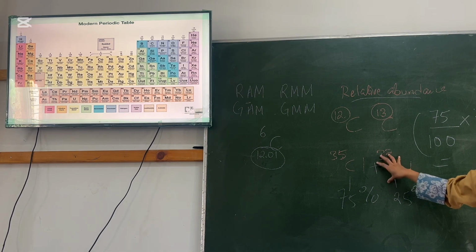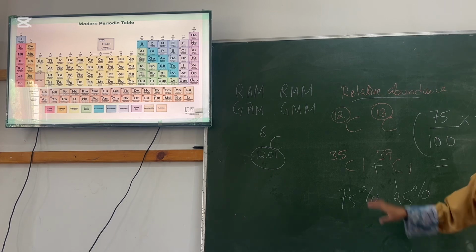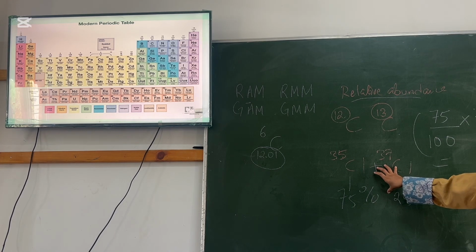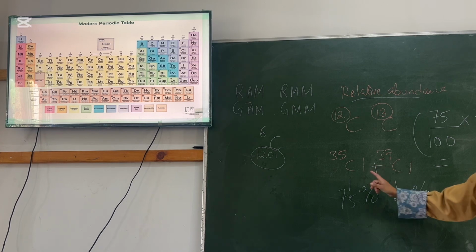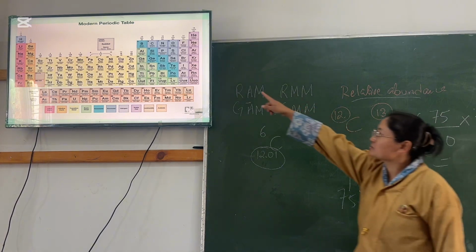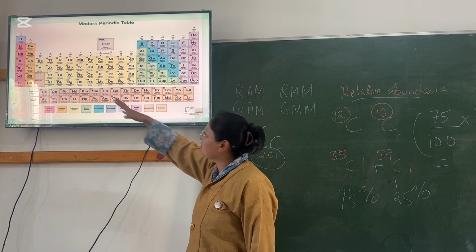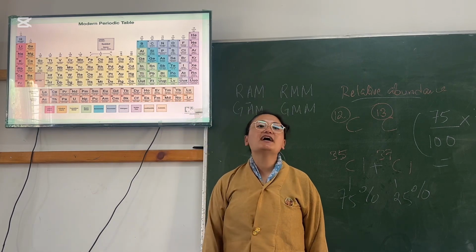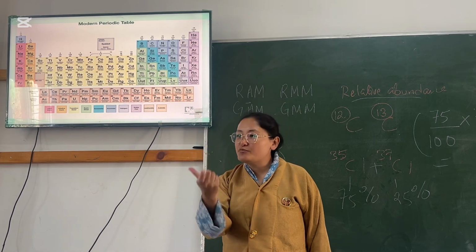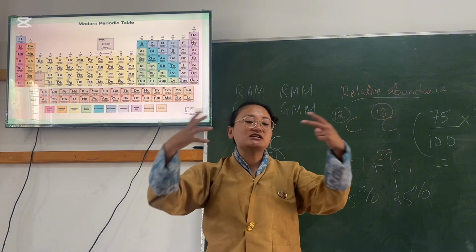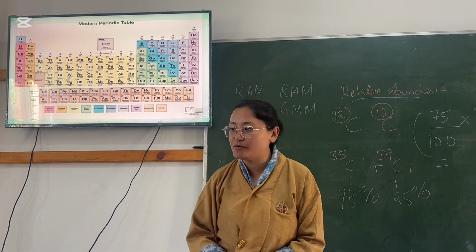So did you understand how you got this one? That is actually not the actual weight of each individual chlorine atom. It is the weighted average mass. So whatever value you see there, it is the weighted average mass of that element. So they have taken care of isotopes and their relative abundance.